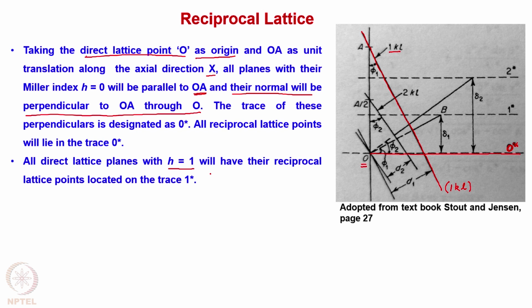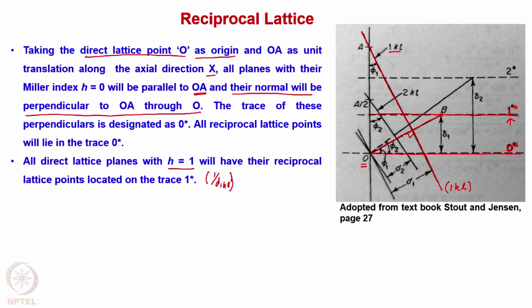If we drop perpendiculars to those 1kl set of planes, which is shown here, and we terminate each one of those normals at a distance 1 by d1kl, they would fall on a line which is marked here as 1 star.